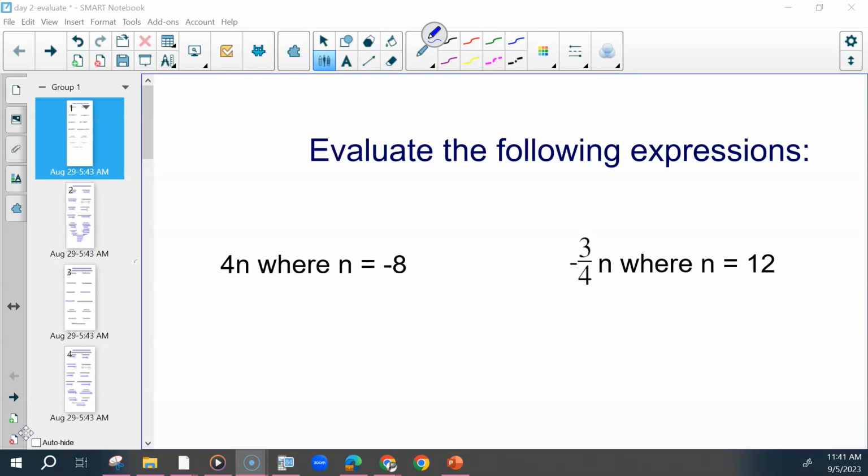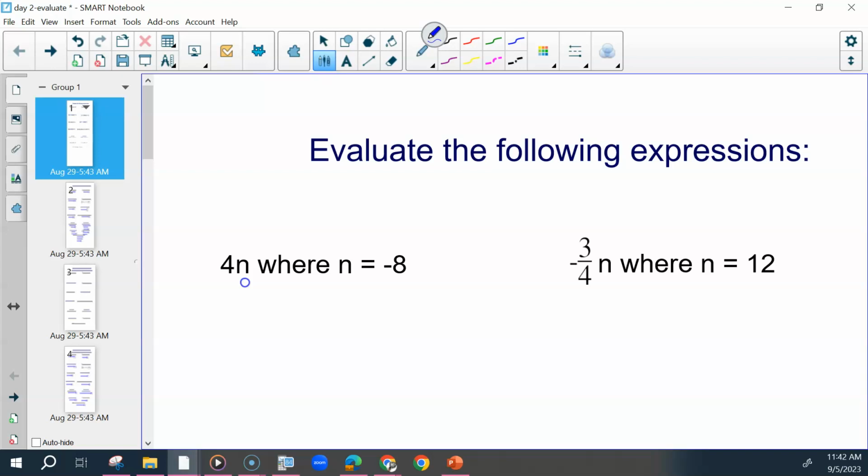Now, find this page in the evaluating notes. And first, does anyone know what it means to evaluate? Basically, we're substituting, replacing whatever the variable is with the number they give us.